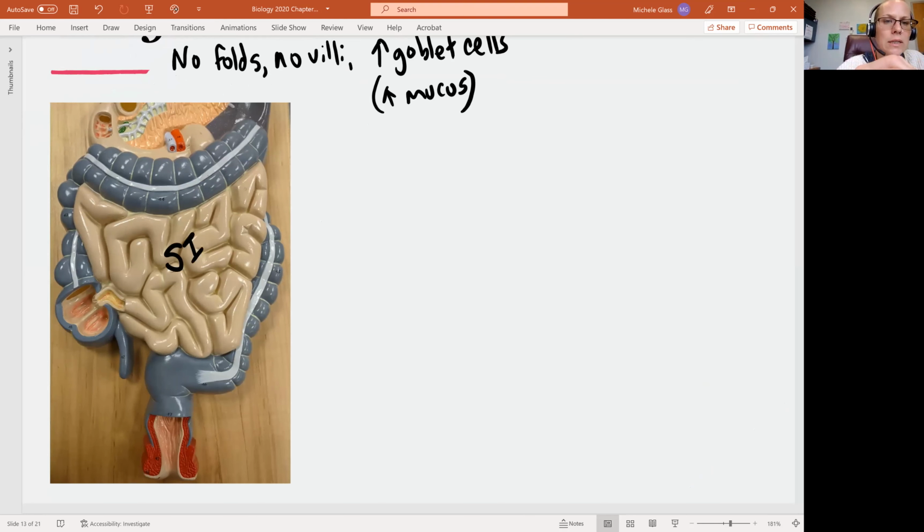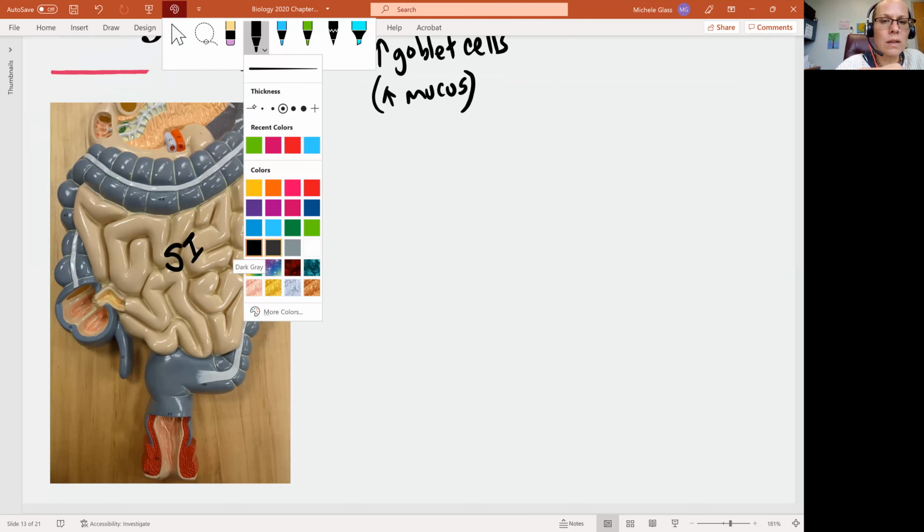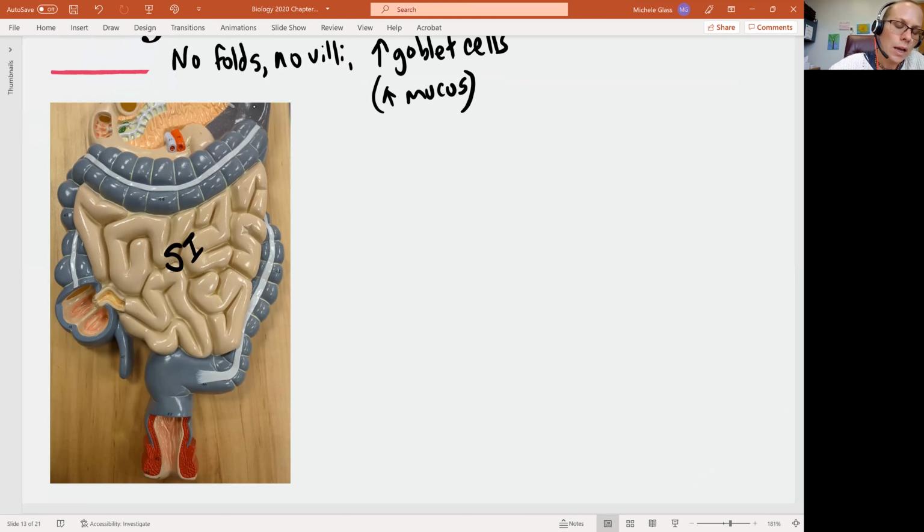So I have this same picture of our model in the lab showing, primarily here, the small intestine, and then kind of wrapped around it in this gray color, we have the large intestine. And so here I want to label the appendix. We call this little pocket here where the small intestine empties the cecum. And then we're going to call this the ascending colon.